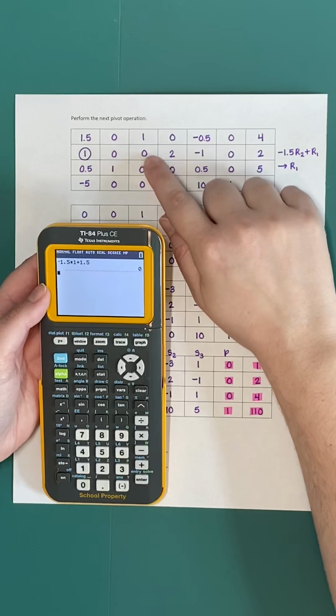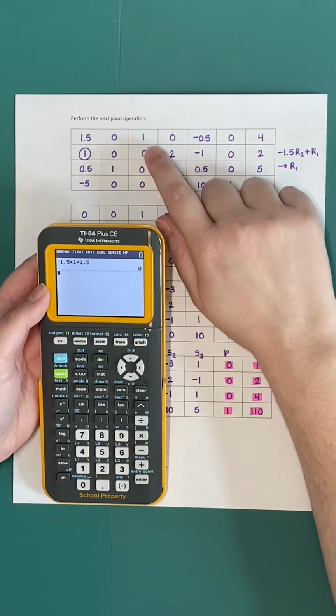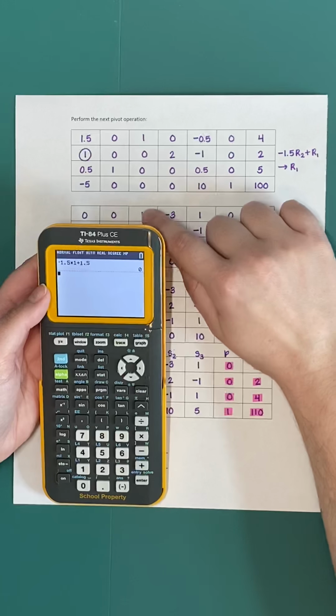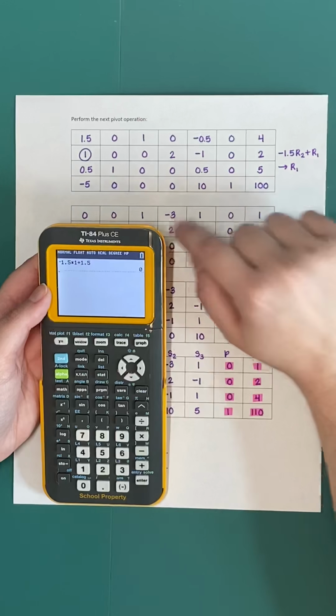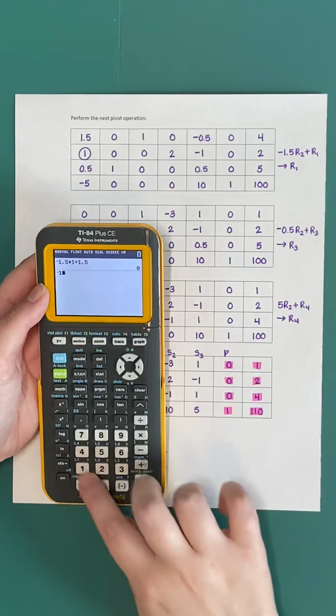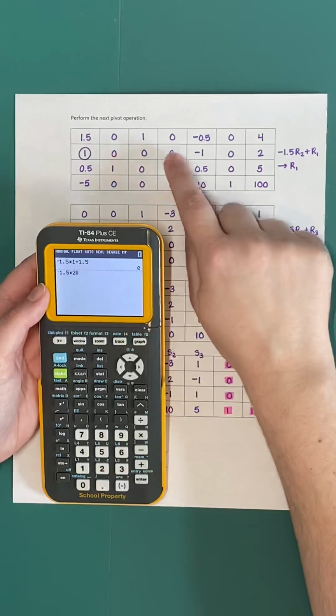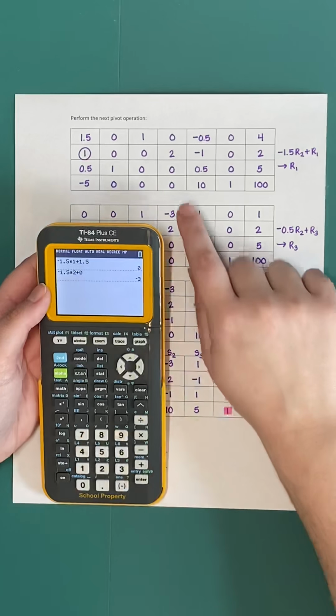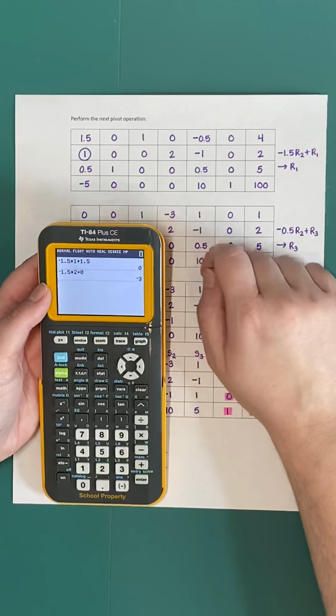Negative 1.5 times 0 is 0, plus row 1, which is 1. 0 plus 1 is 1, so that also didn't change. Next one, negative 1.5 times 2. Negative 1.5 times 2 plus 0 is going to be negative 3, so there's that element.